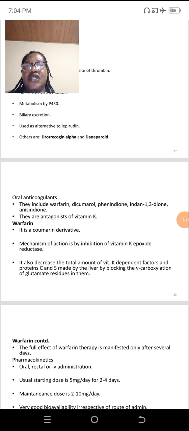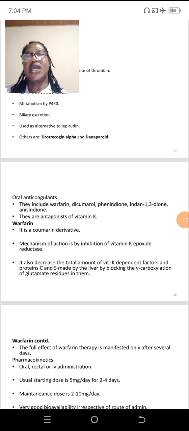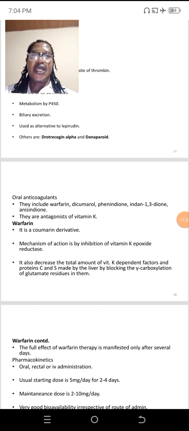Then the oral anticoagulants. These include the vitamin K antagonists and the NOACs, as we mentioned earlier. Here, let's first look at the vitamin K antagonists. And these include warfarin, dicumarol, phenindione, indandione, and anisindione. Warfarin is the most popular among these agents.